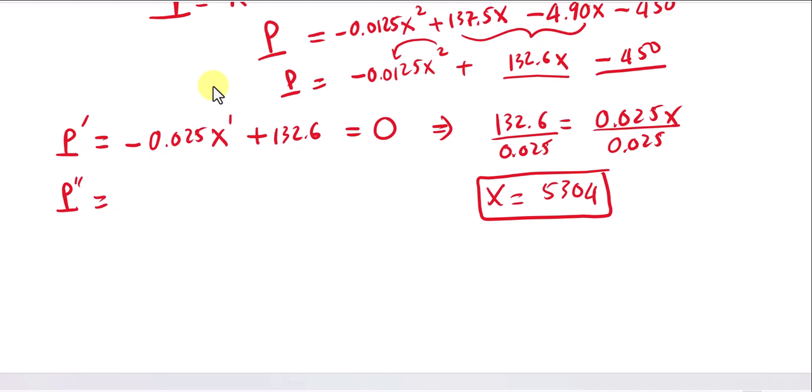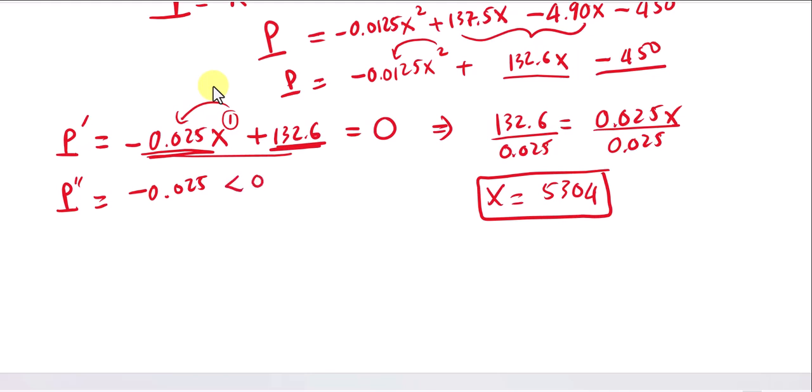To find the second derivative, we take another derivative of this. So this becomes minus 0.025. No more x, because the exponent is 1, so bring it down and subtract 1. The constant becomes 0. So the second derivative is negative.